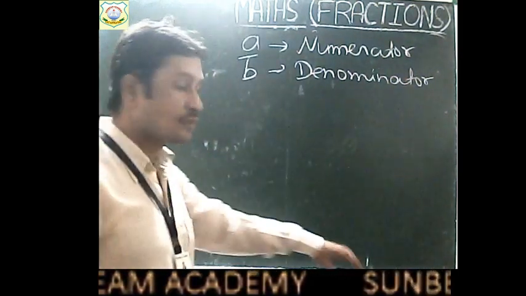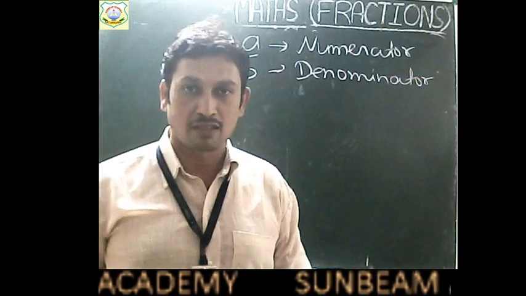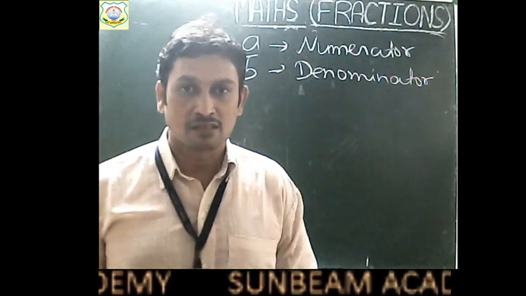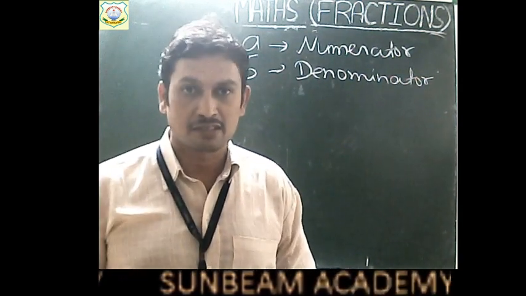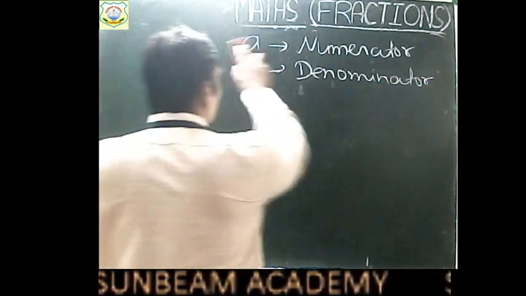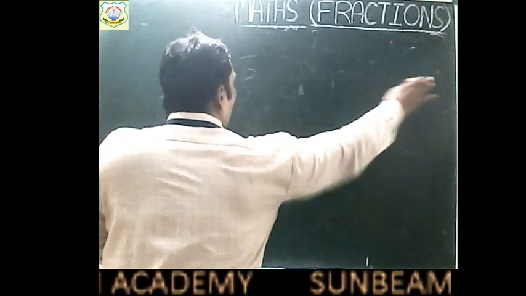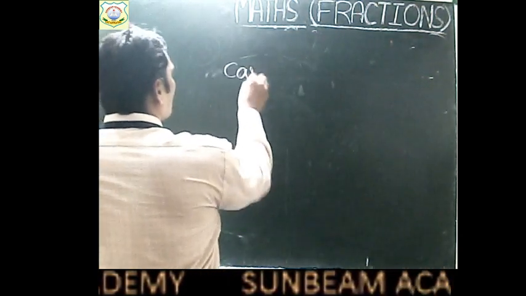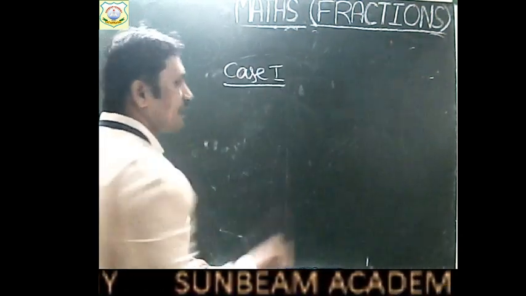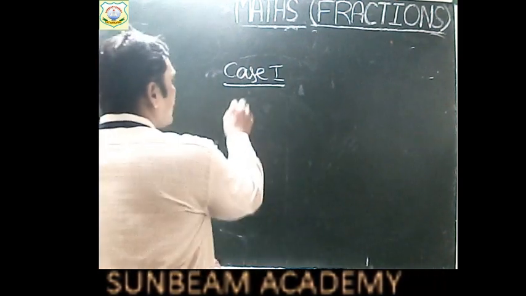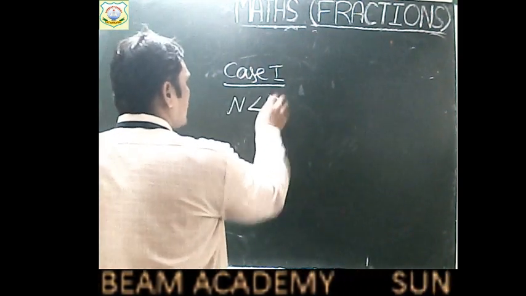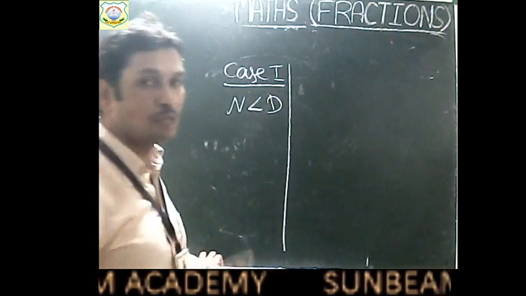So children, on the basis of numerator and denominator, if we see different fractions, then we will find 3 different cases. What 3 different cases are there children? Let us discuss now. If you observe a fraction, then in first case you will find the fractions in which numerator is less than denominator. Okay, this is the first type of fraction.